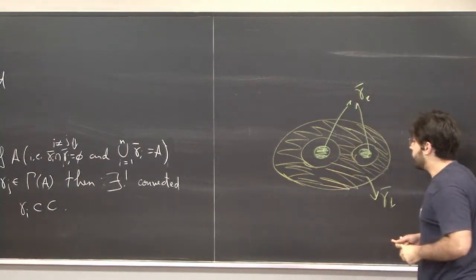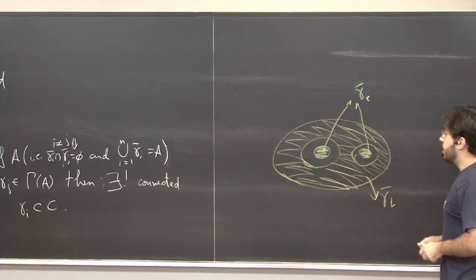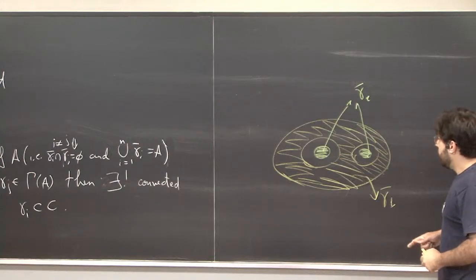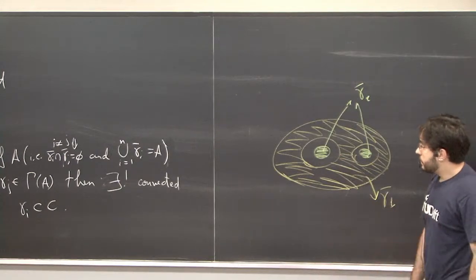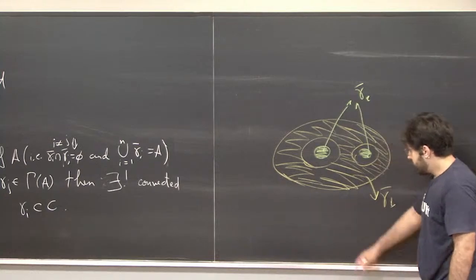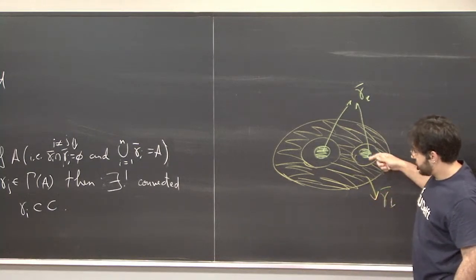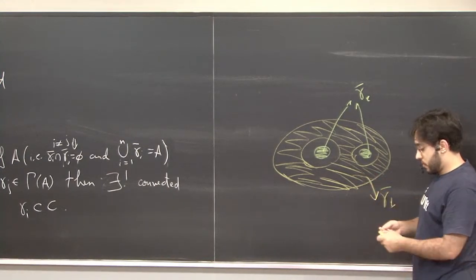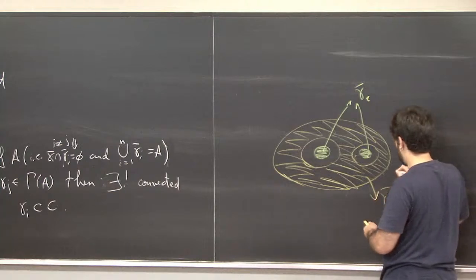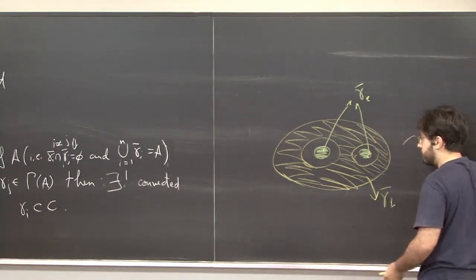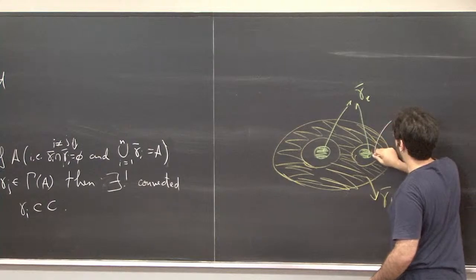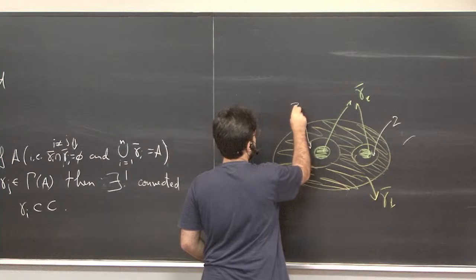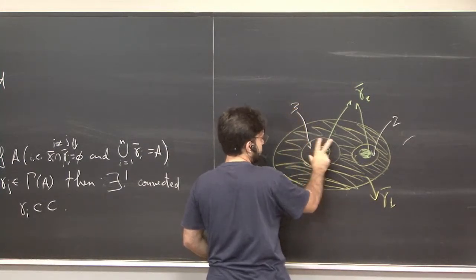This of course forms a partition of the set, but does not satisfy condition A. Why? Because the complement of gamma 1 is the black part of the blackboard, and I have three connected components. I have the connected component of the interior, the whole blackboard, this connected component and this connected component, okay?